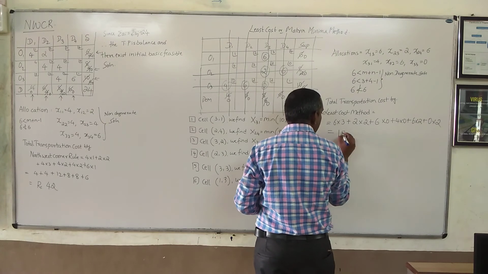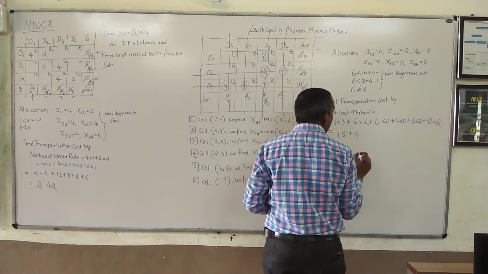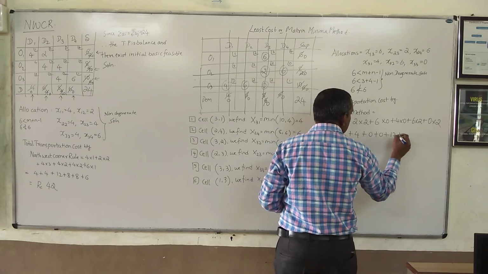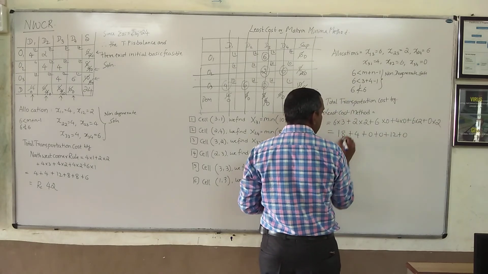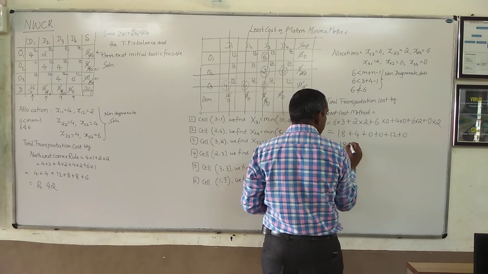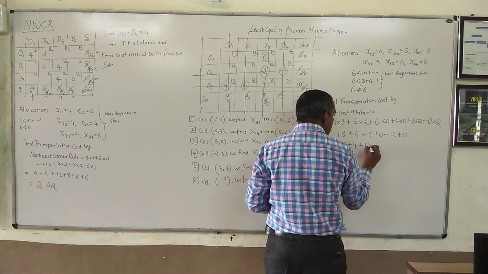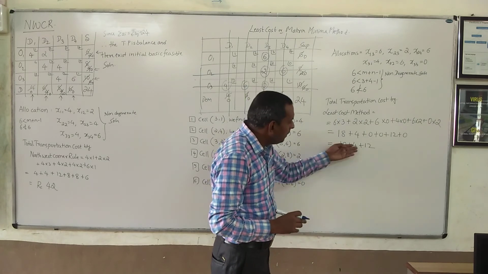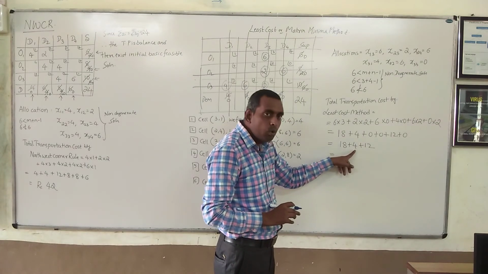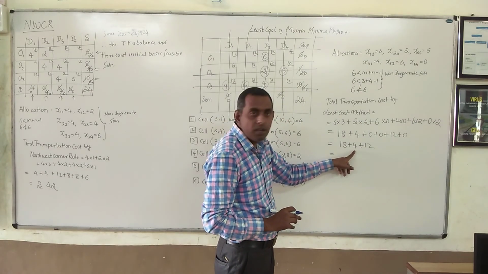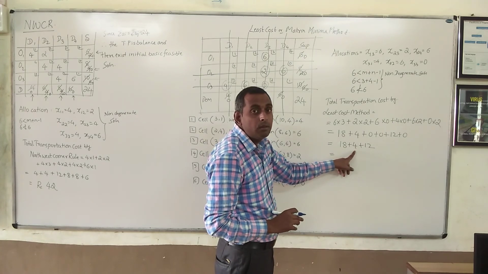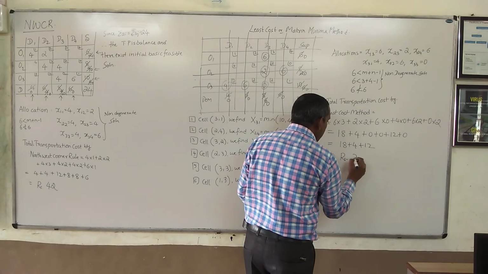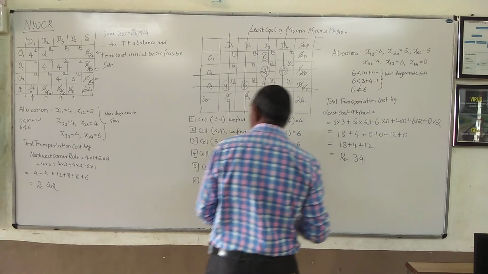So it is 18 plus 4 plus 0 plus 0 plus 12 plus 0. Is it 18 plus 4 plus 12? It is how much? 18 plus 4 is 22. 22 plus 12 is how much? 34 rupees. It is 34.